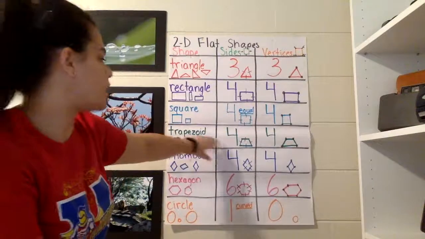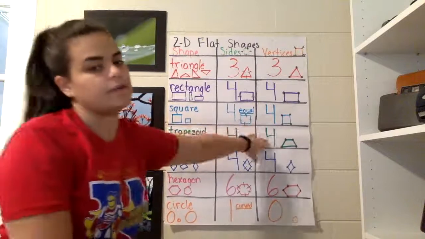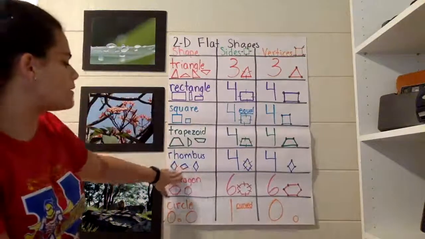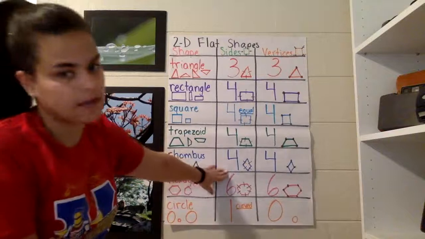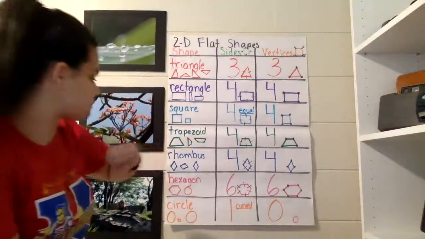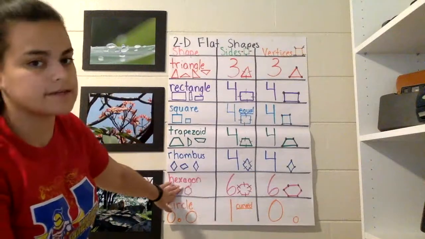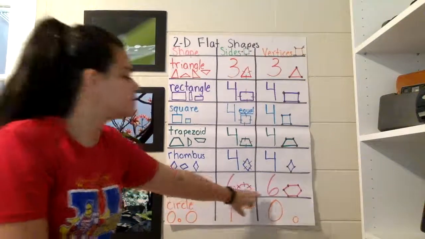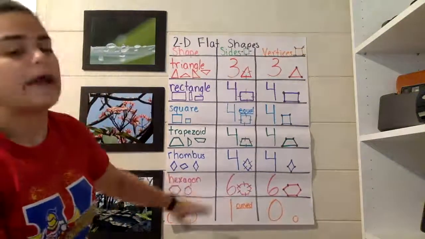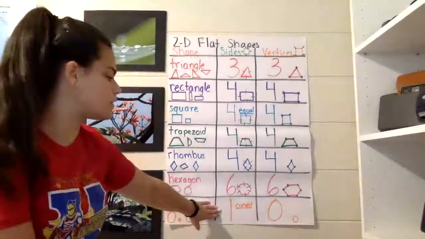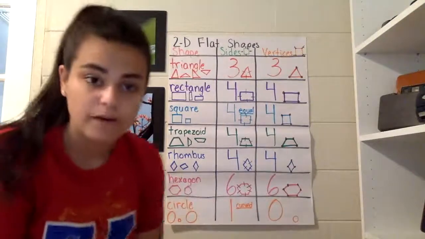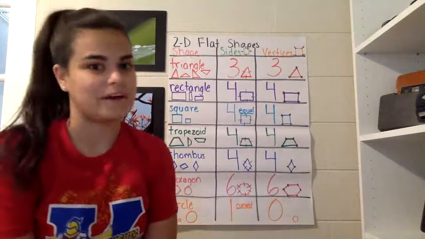A trapezoid has 4 sides and 4 vertices. Rhombus. Rhombus has 4 sides, 4 vertices. Hexagon. Hexagon has 6 sides, 6 vertices. And a circle has 1 curved side and 0 vertices. That's a tricky one, okay?